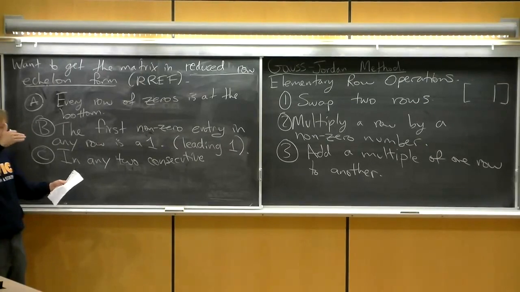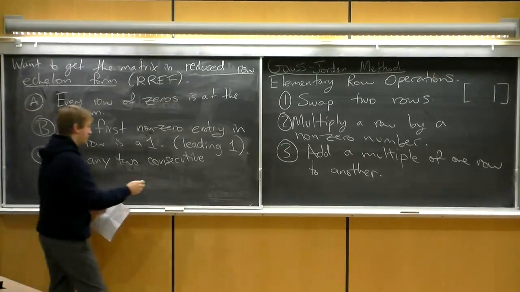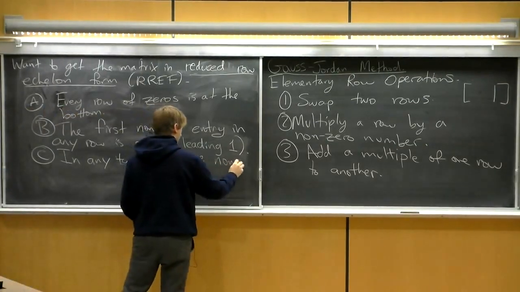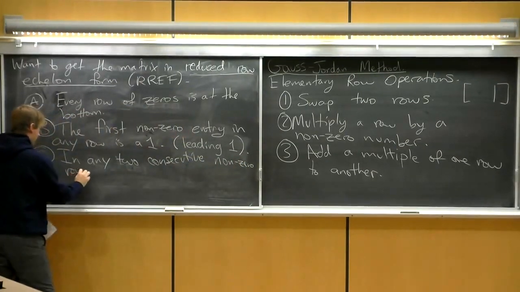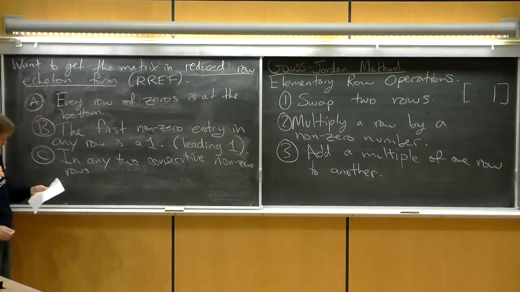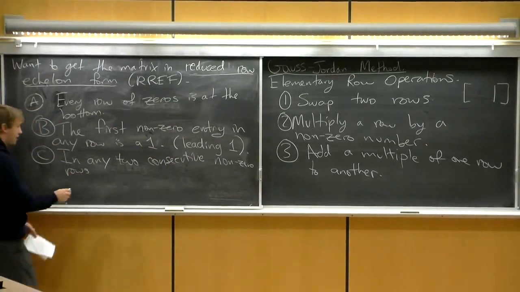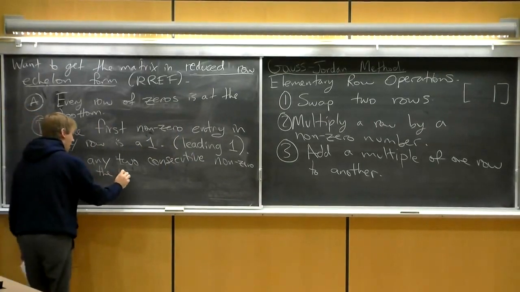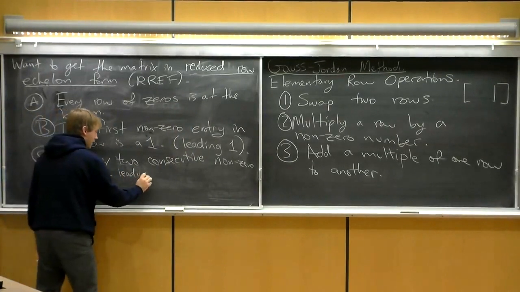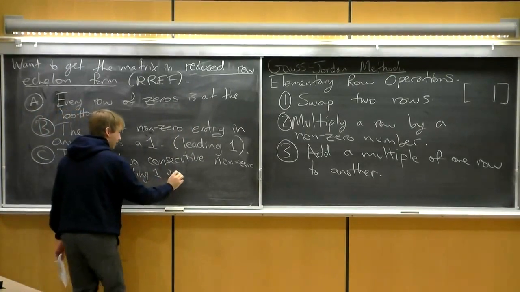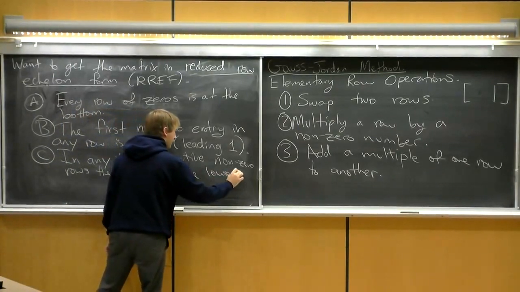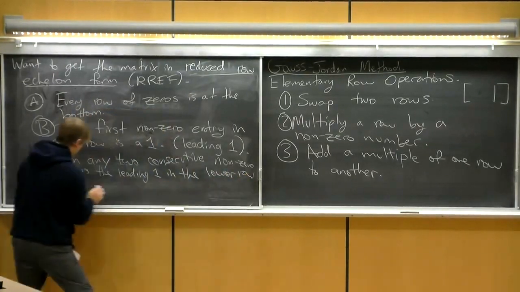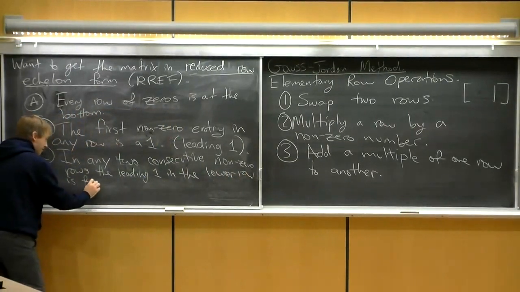So in any two consecutive non-zero rows, the leading 1 in the lower row is further to the right.